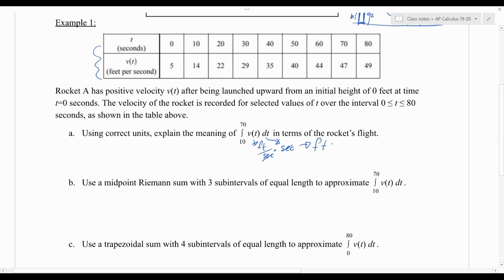So that tells us we have something to do with position. And the integral helps us find the distance that we've traveled. So this is the distance traveled between t equals 10 seconds and t equals 70 seconds.